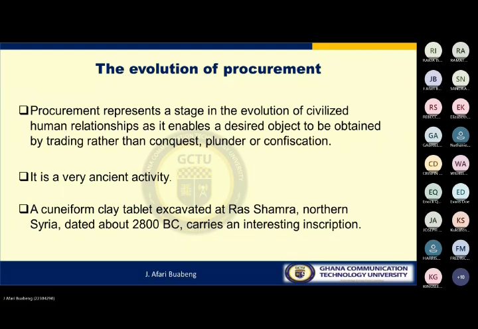Trading. So that is when the actual practice of procurement started. Whether it is purchasing or procurement, that is when it started. So it is a very ancient activity. It is not new. It is very, very old.